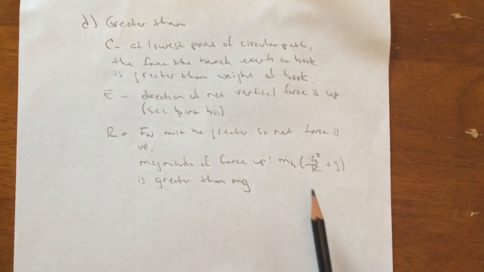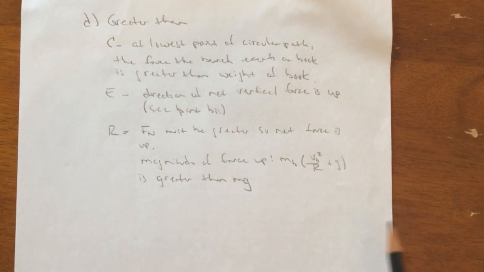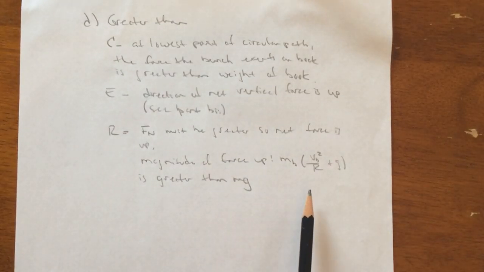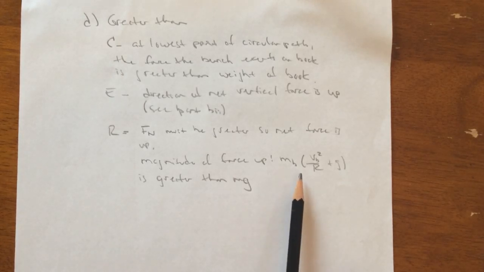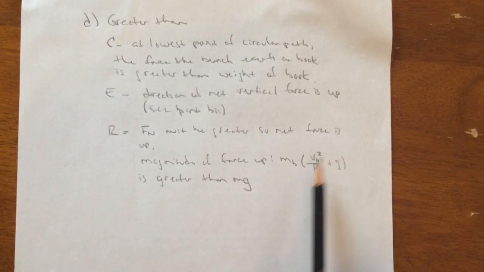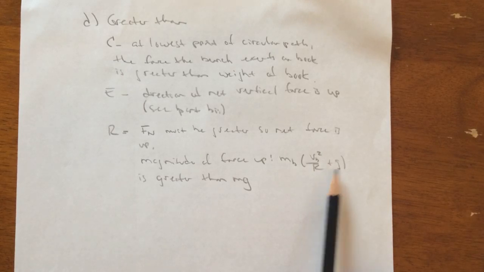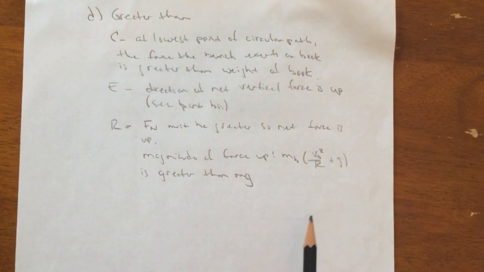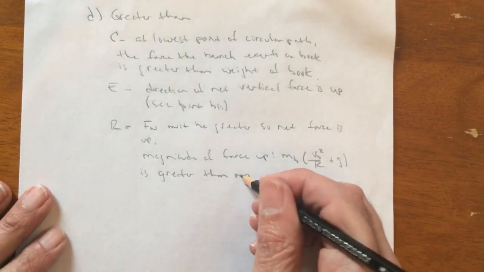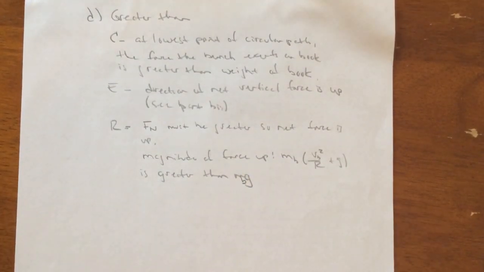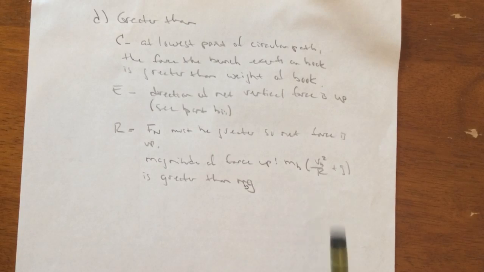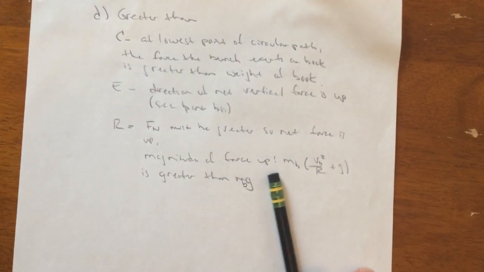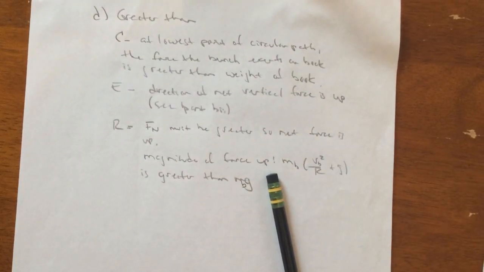And then come back to this equation too. They'd like for you to do that. As I showed, mb times vb squared over r plus g is greater than mg. Absolutely. And I should have put mbg. Absolutely. You can see that. Hot diggity dog, teammates. Have a great day out here.